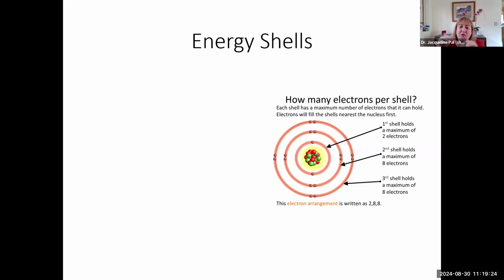You have to fill the shell closest to the nucleus first. And each atom loves it when the shell is full of electrons. It doesn't like having a partially filled shell. So, for instance, if it only has 1 electron, it either wants to give up its electron or take another electron. If it has 7 electrons, it wants to take an electron.